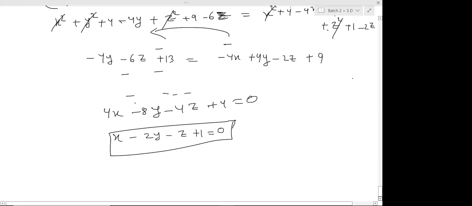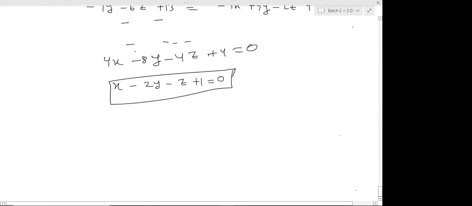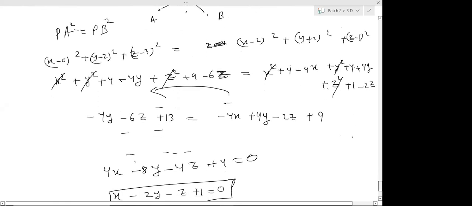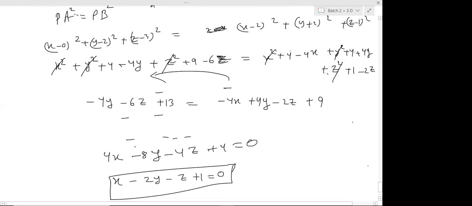Moving ahead. Write down section formula. Sir, can you scroll up? Inform me when you are done.